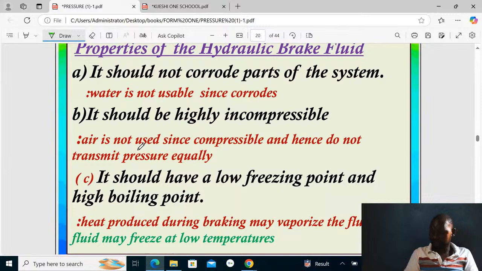Why? Because most parts of the tubing is made of iron, and iron will undergo some rusting. Therefore, if you use water, then automatically it is going to have some rusting.